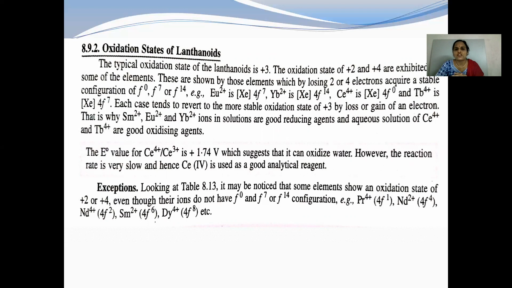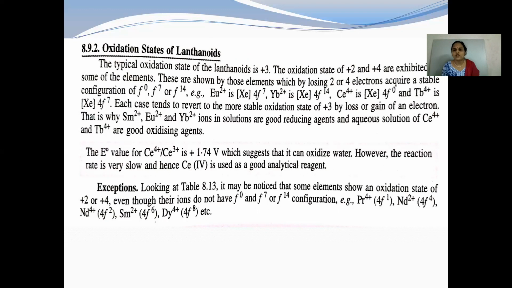In each case the element tends to revert to the more stable oxidation state of +3 by loss or gain of an electron. That is why Sm2+, Eu2+ and Yb2+ ions in solutions are good reducing agents, and aqueous solutions of cerium(IV) and Tb4+ are good oxidizing agents.